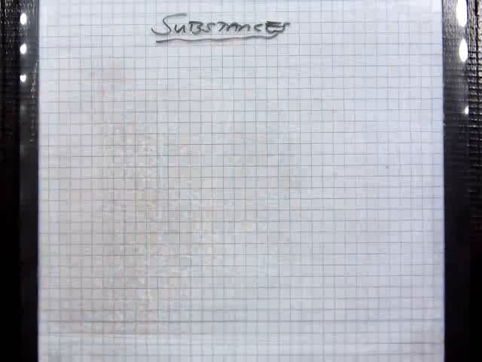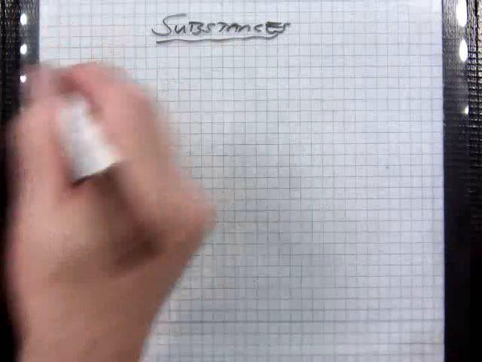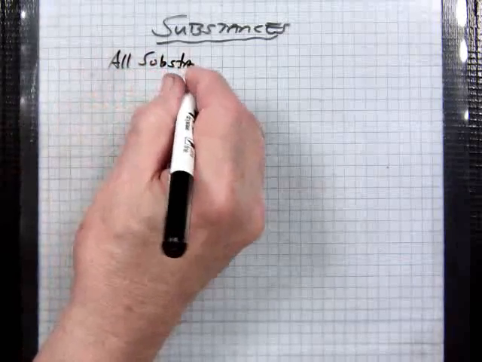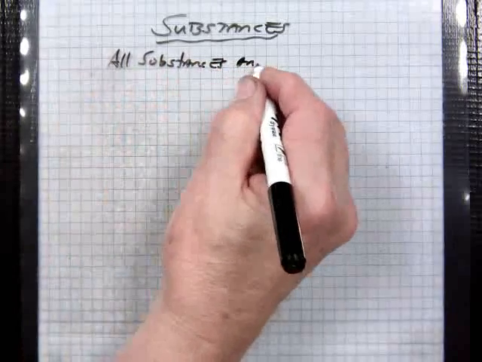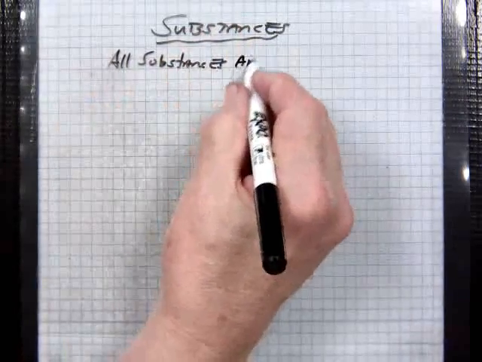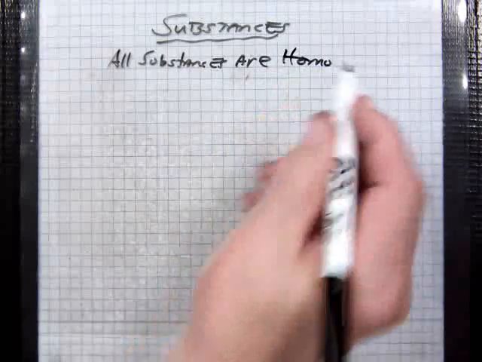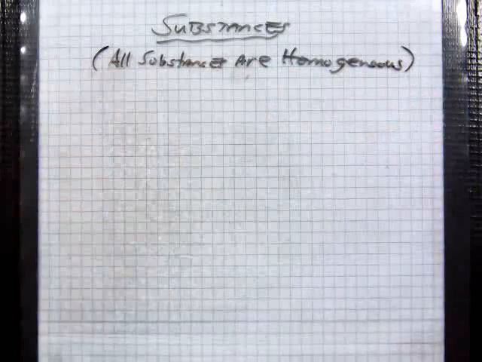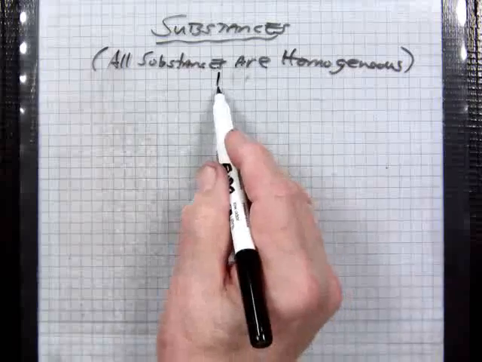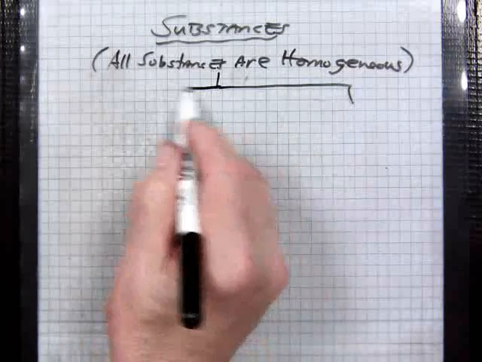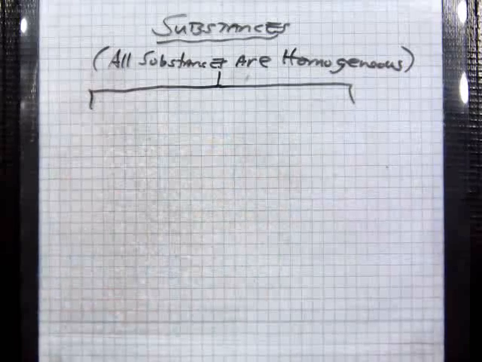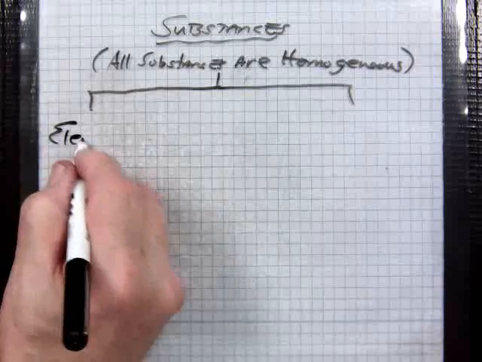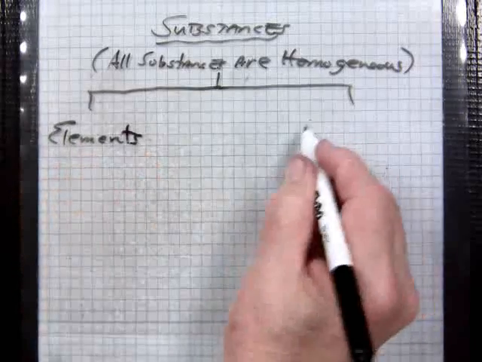Now, when we talk about substances, all substances are homogeneous. And the term substances in our world of chemistry is divided into two areas: elements and compounds.